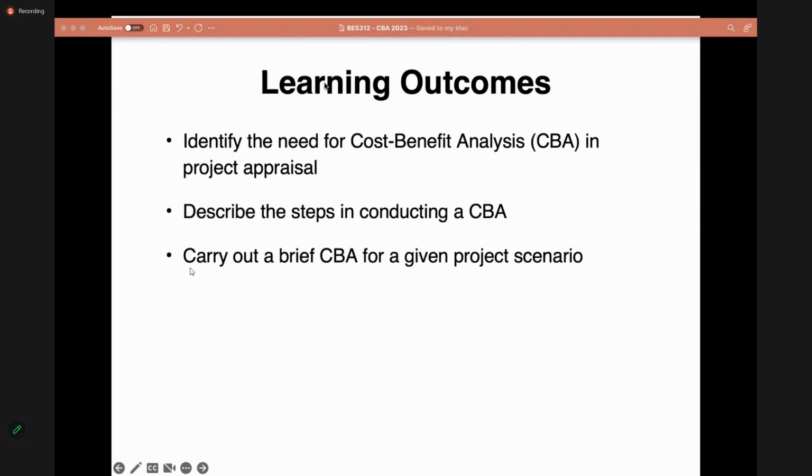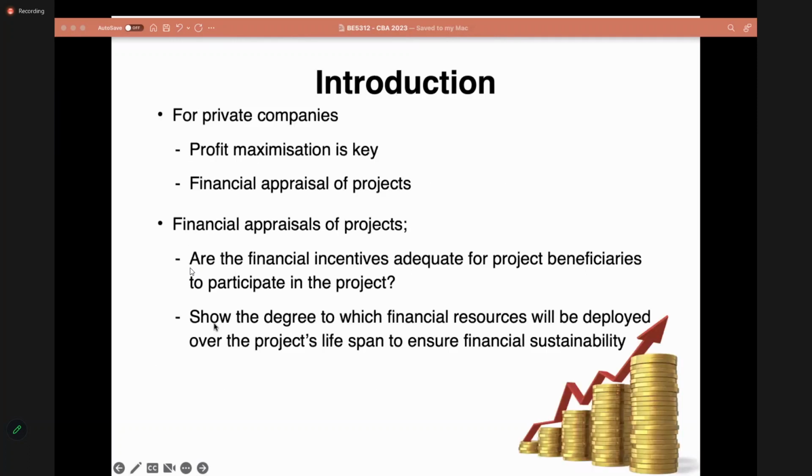So maybe any of you who might have been involved in any public sector projects, anybody have come across this type of analysis, like CBA, cost benefit analysis? Okay, then we will see. So maybe as we start going through the lecture, you might realize that you have seen certain appraisals done this way. So we'll see.